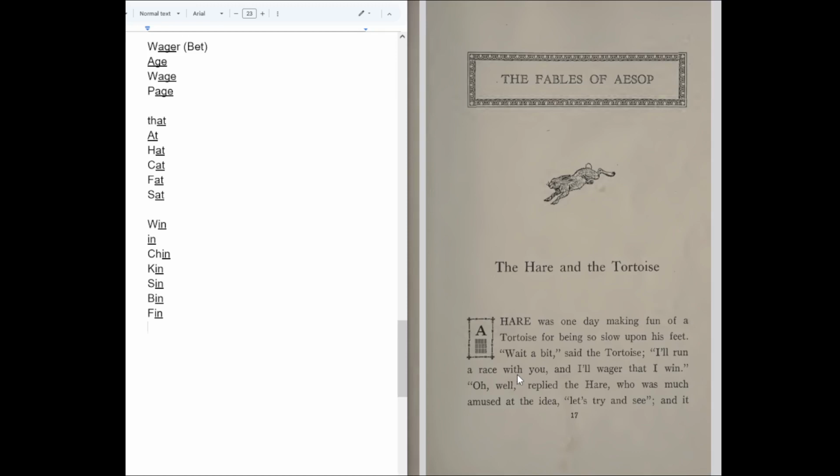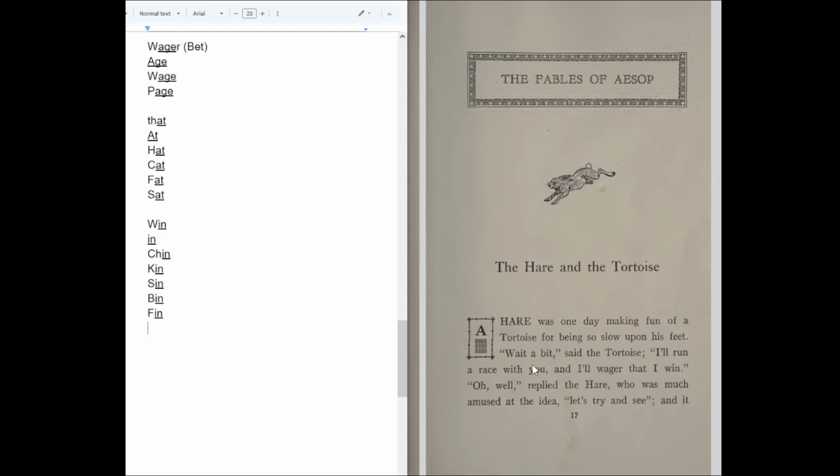You try to keep up, see if you can say the words with me and actually read them. So you're looking at the words, letters, and letting that help you there. Wait a bit, said the tortoise. I'll run a race with you, and I'll wager that I win. Now I'm going to read it like normal. Wait a bit, said the tortoise, I'll run a race with you, and I'll wager that I win.